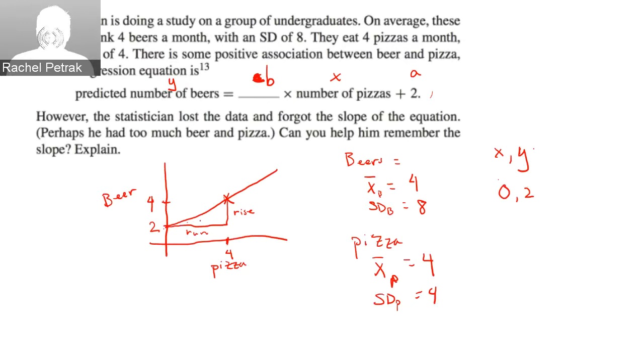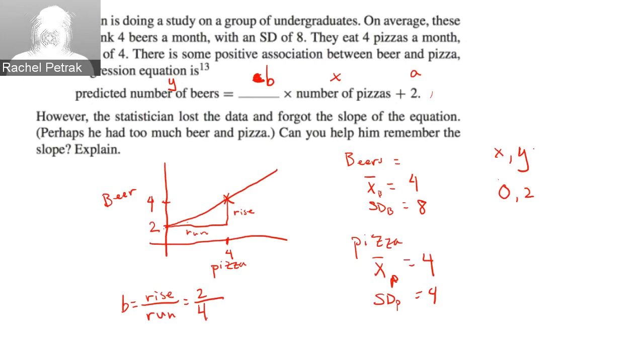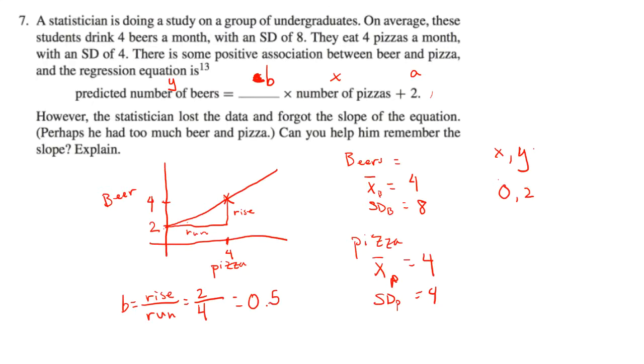So our run is 4 with a rise of 2. So b is equal to the rise over the run. And for every rise of 2 units of beer, we have a run of 4 units of pizza, giving us a slope of 0.5. Does that make sense?